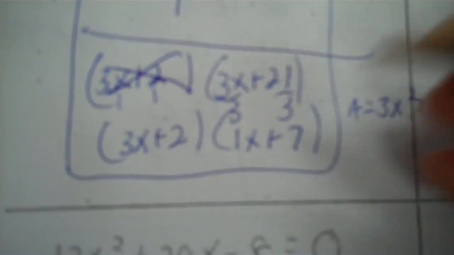Okay, 3x plus 2 is going to be my first factor. Now 3 and 21, here's 3, here's 21, so we need to divide those both by 3. Okay, that's going to be 1x plus 7. Take the 1 off the x, so it's just x plus 7 equals 0.